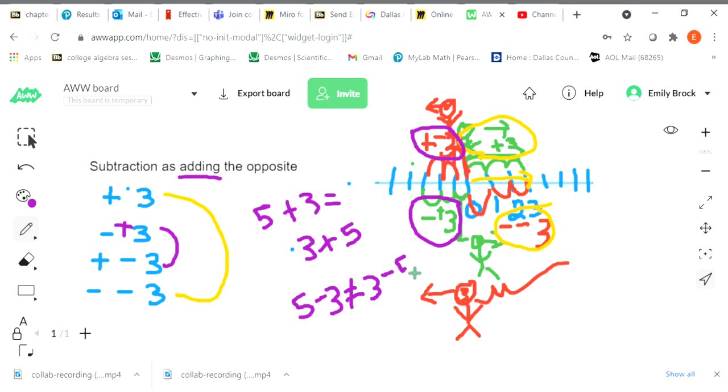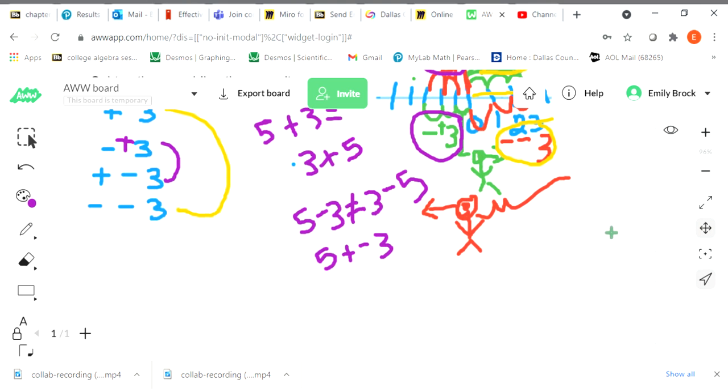But if we write the 5 minus 3 as 5 plus a negative 3, then that will commute. That will be the same as negative 3 plus 5. So this is a reason why we want to rewrite, if we can, our subtraction as addition.